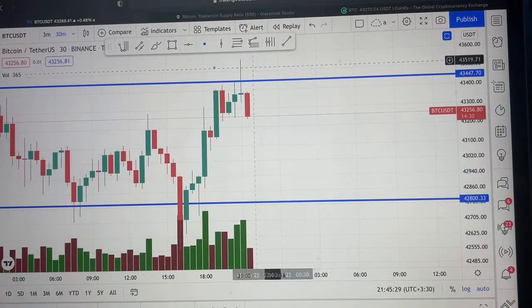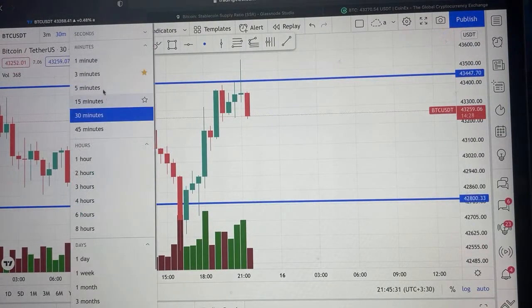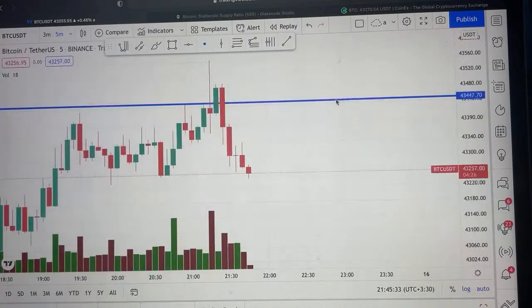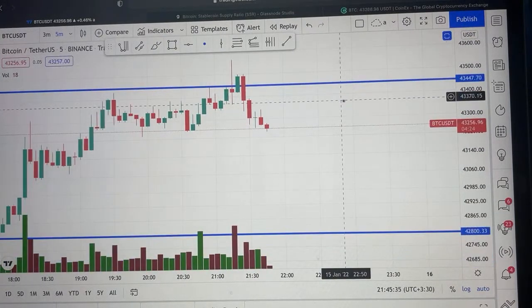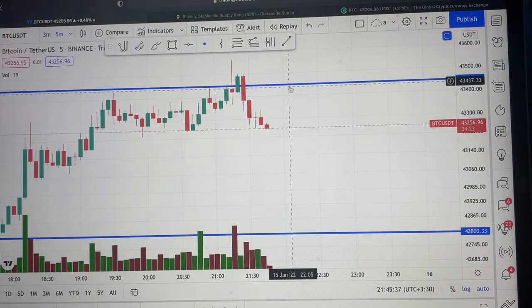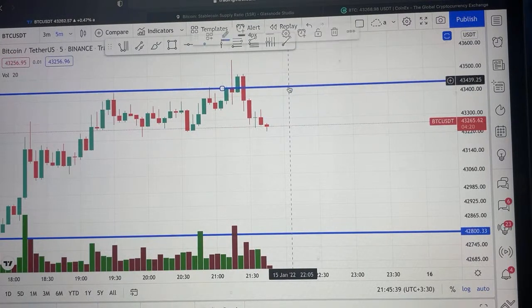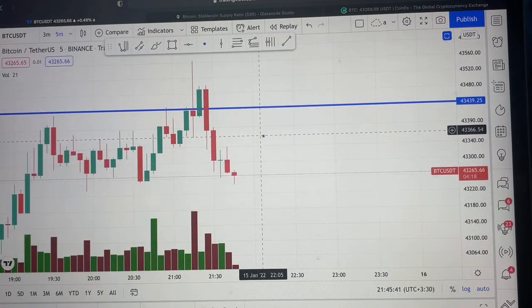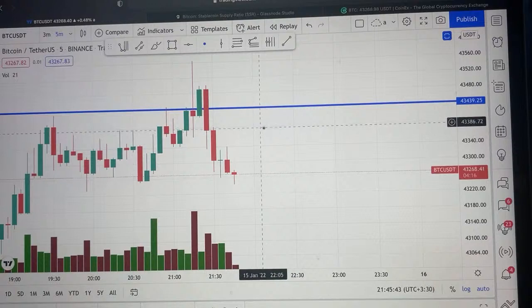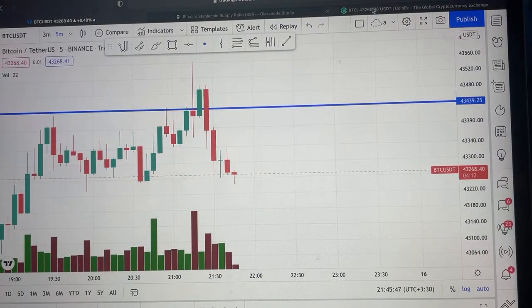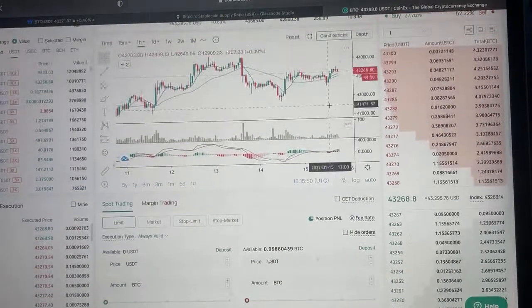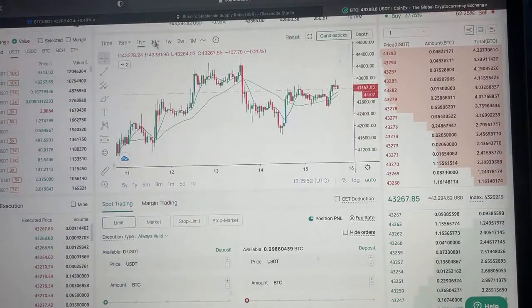Let's check 5-minute again. I'm going to set a short position on 43,040. Let's check Coinex. Let's check the 5-minute time frame.